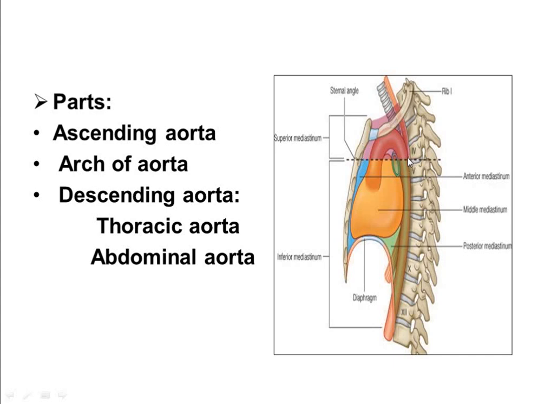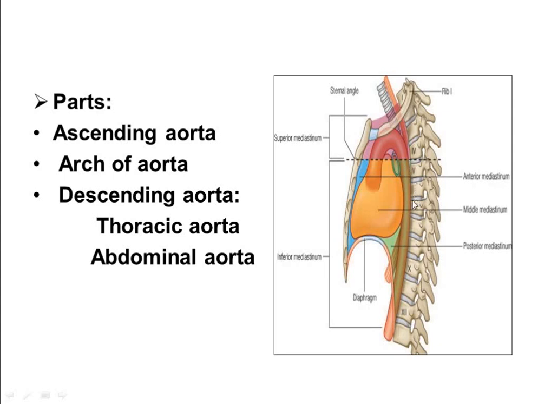Beyond the level of the disc between T4 and T5, it continues as the descending aorta with its two subparts, descending thoracic aorta and abdominal aorta. Descending thoracic aorta is lying from the level of the disc between T4 and T5 in the posterior mediastinum.